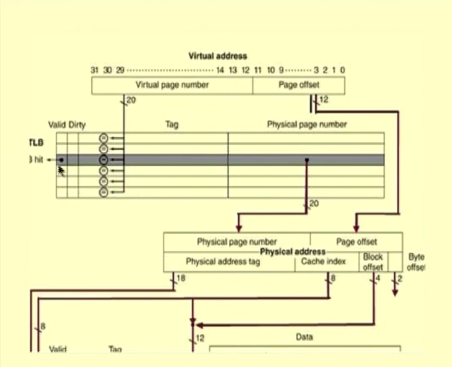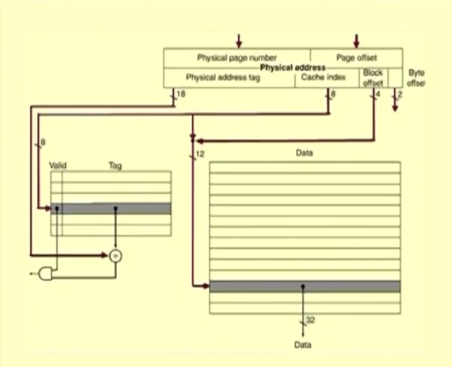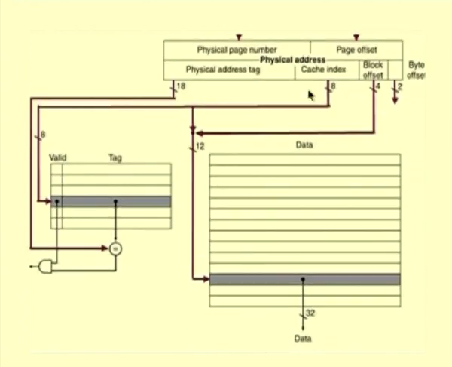If it is a TLB hit, you get the physical page number from here, and the physical address is given to the cache for it to access. So you can see that this physical page number will now be divided into a cache index, block offset, and byte offset for accessing within the cache block, and there is another tag access that is taking place here. This is checking whether it is there in the cache as well.